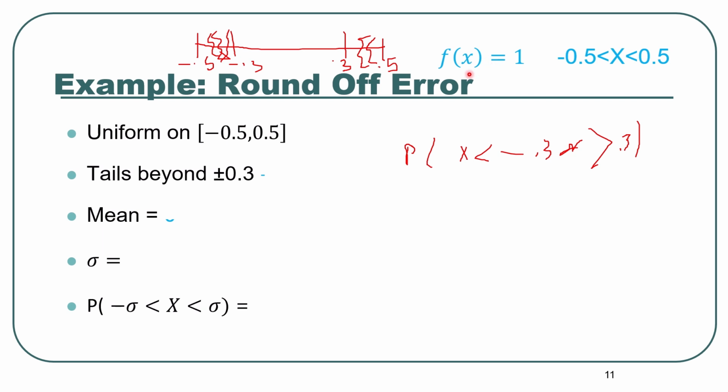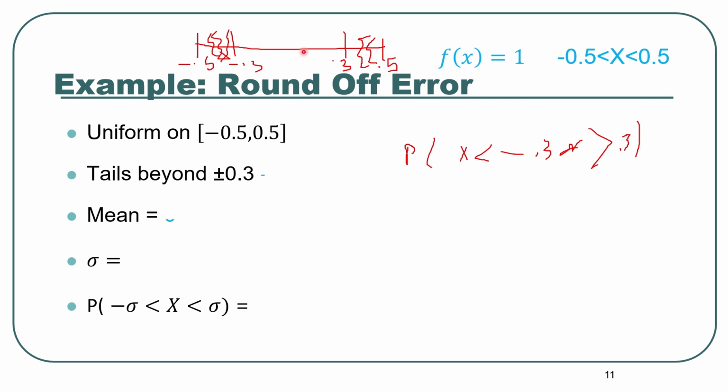Because I applied the formula for the uniform distribution, which is 1 over b minus a. So 1 over b minus a will give me 1. So the probability of x to be between minus 0.3 and 0.3, the length of that interval, is 0.6.